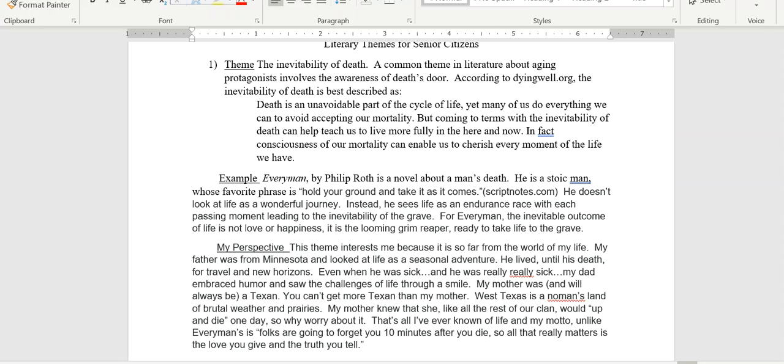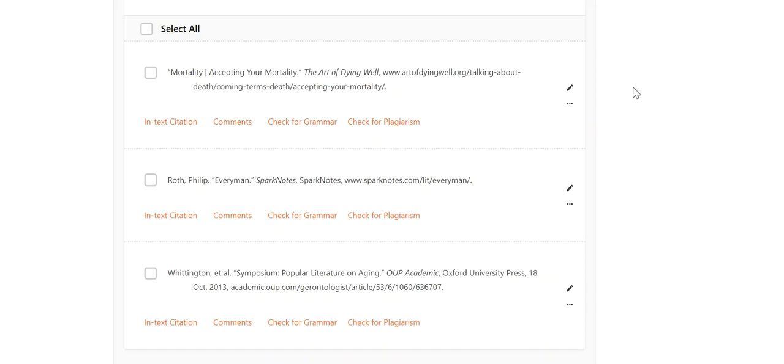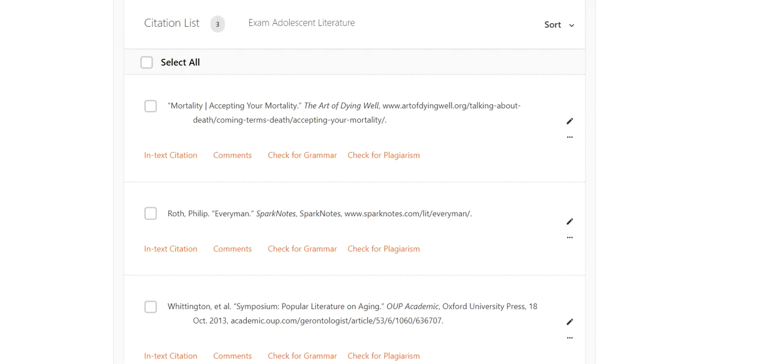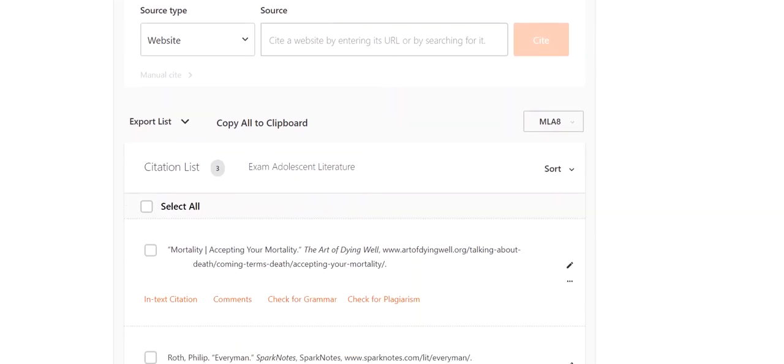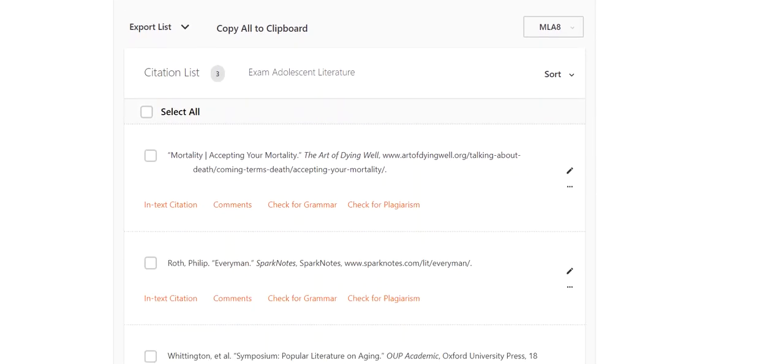My EasyBib at this point has these citations. When I'm completed with all of the answers to my questions, and I found all the themes, and I've done all my work, and I've finished everything, then I'm going to select all.